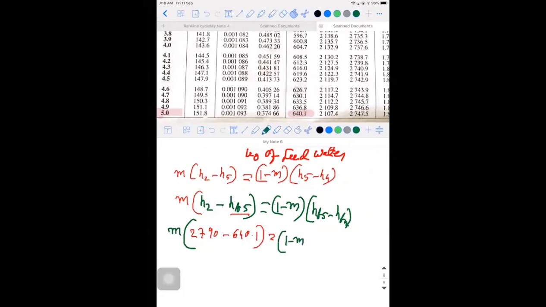Just now I got 640.1 minus hf4. What is hf4?